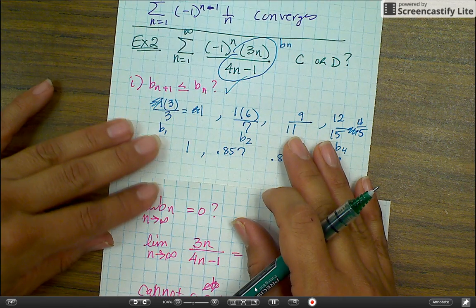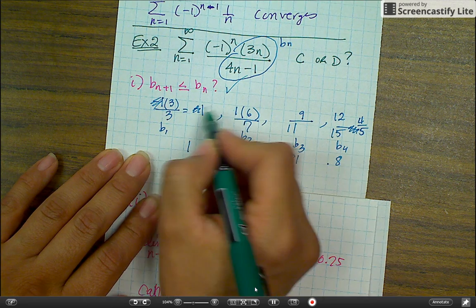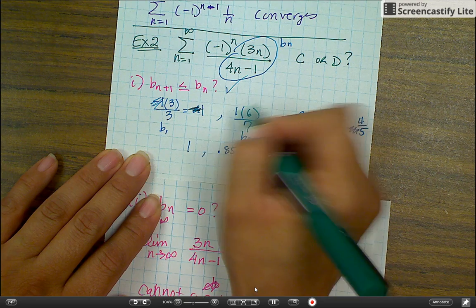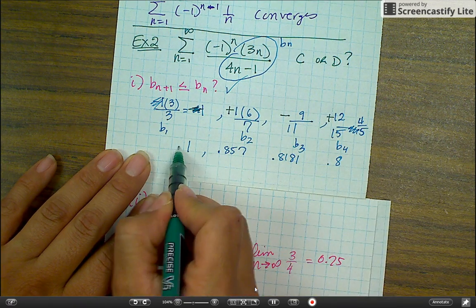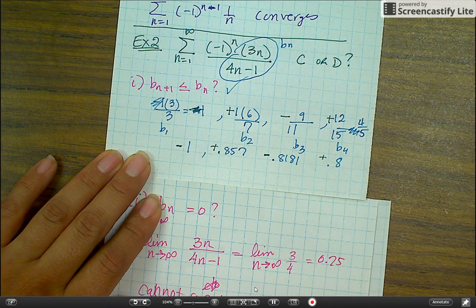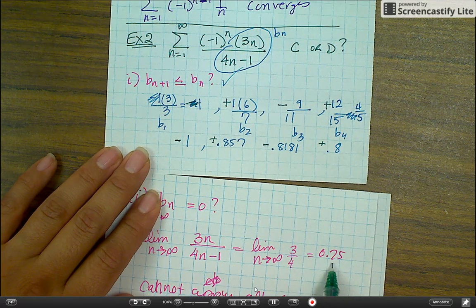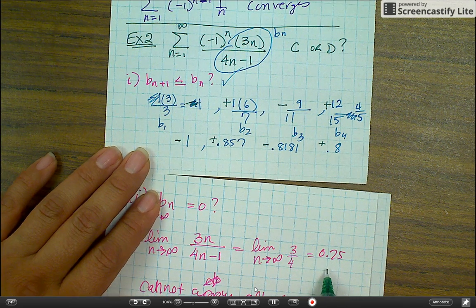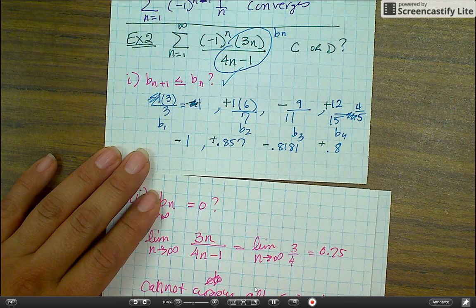So now I already know, by looking at this, that even if this was negative, then this positive, and this negative, and this positive, and so on and so forth, it's going up and down, up and down, up and down, right? The positives are going to converge to 0.75, and the negatives are going to converge to negative 0.75, but you cannot split up the positive and the negative.